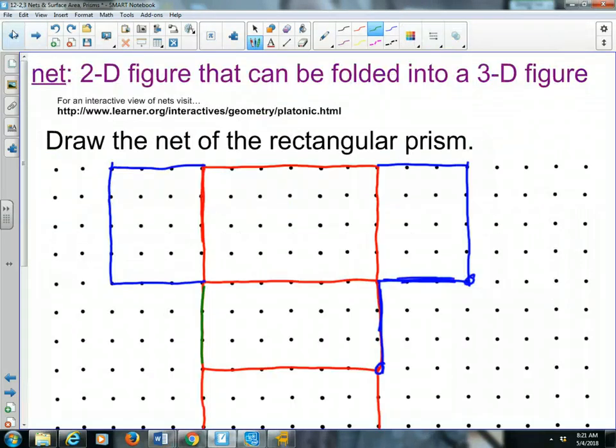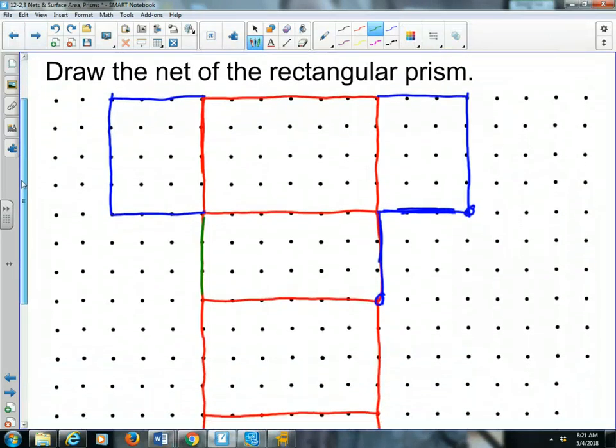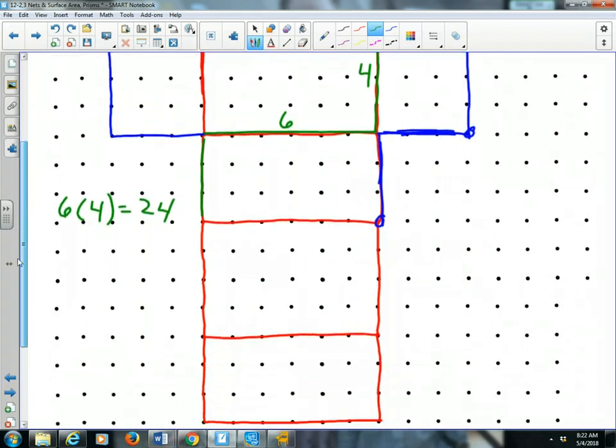So going here, we have 6 surfaces, so we're going to add up the area of 6 rectangles, because all of these are a rectangle. Easy enough, this one is 6 by 1, 2, 3, 4, 6 by 4, right? And 6 times 4 is 24. I always like rectangular prisms because there are 2 of each.